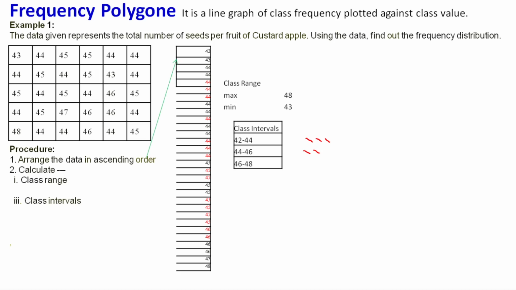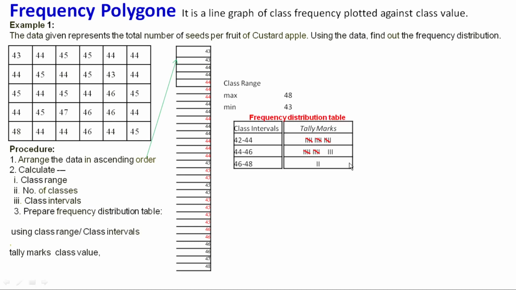How many are there, you just put the tally mark. Then the next class is 44 to 46, how many are there, you just go and mark that particular value like this. In this way, once you go ahead with this information, you will make a final figure, that is nothing but your frequency.